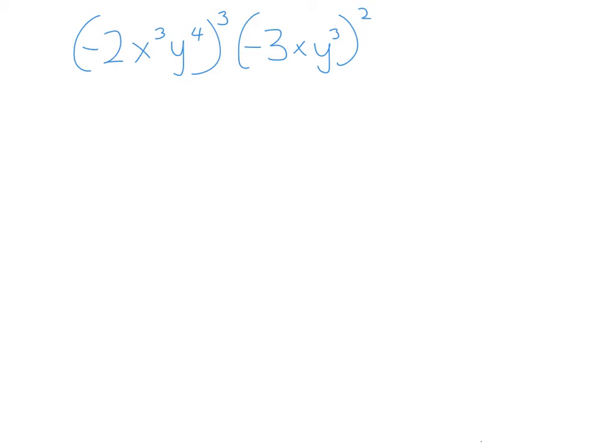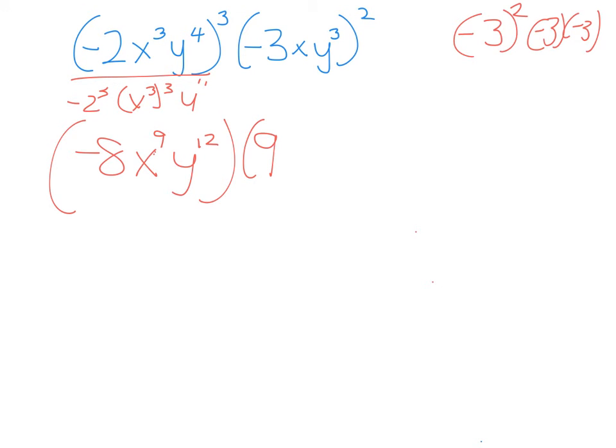So first I'm putting everything in the first parentheses to the third power. Negative 2 to the third power is negative 8. X to the third power, power to a power I multiply, is x to the ninth. Y to the fourth, then x squared, y to the third squared is y to the sixth.